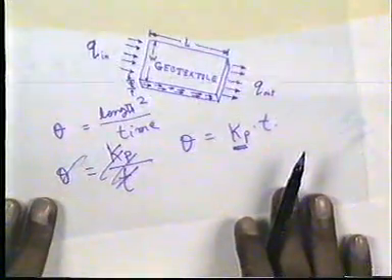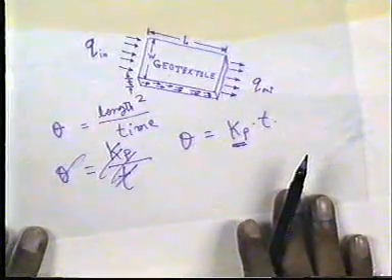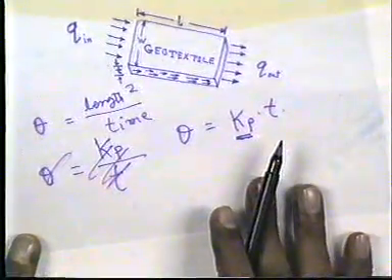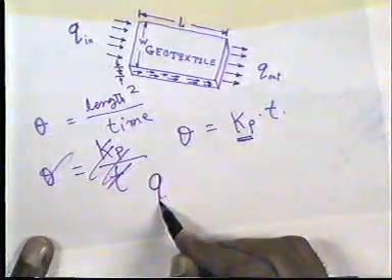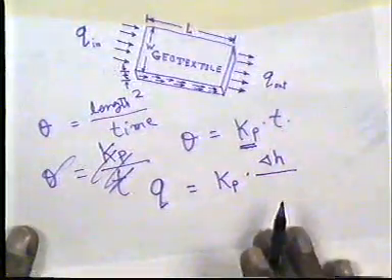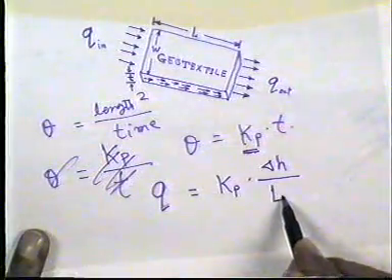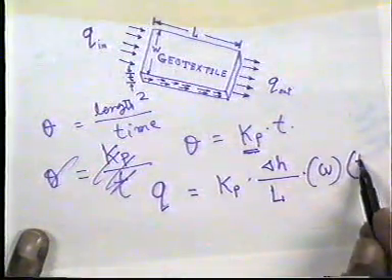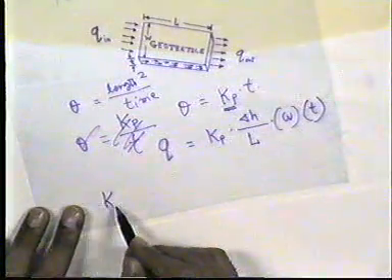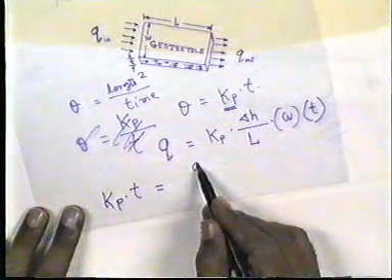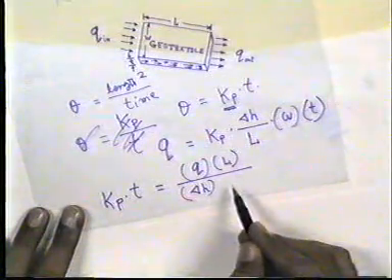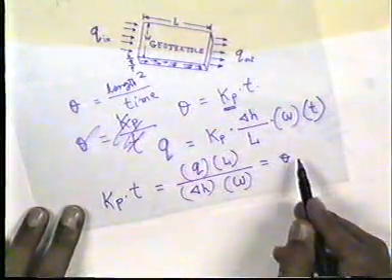Relating to Darcy's formula, that is Q is equal to K into I into A, and rearranging, then Q will be equal to Kp into delta H by L into W into T. Now we can write that Kp into T is equal to Q into L divided by delta H into W, which is equal to theta.